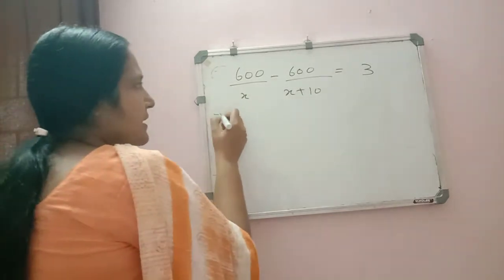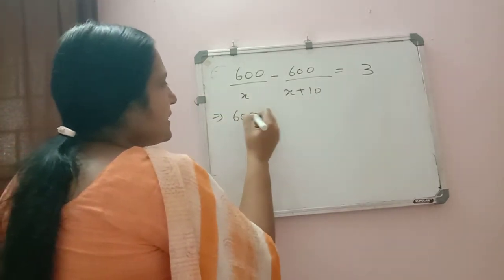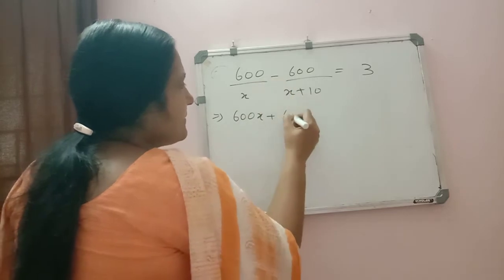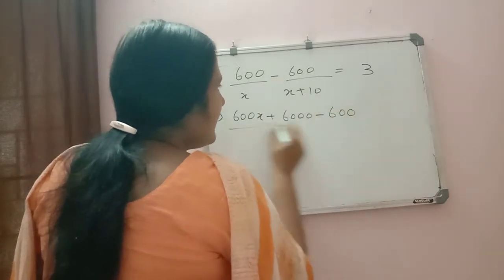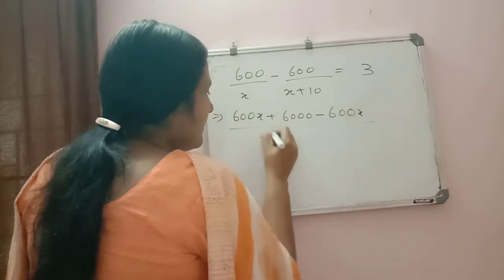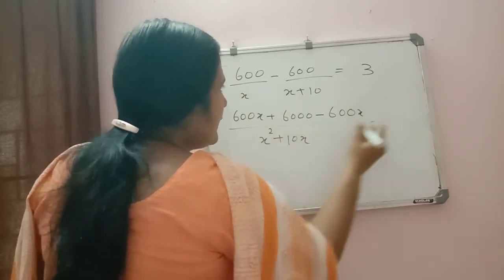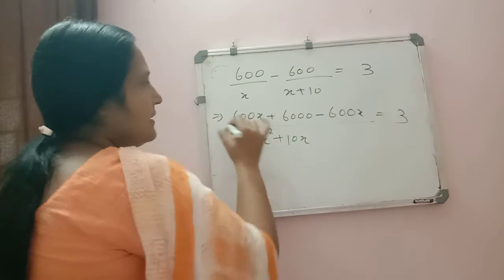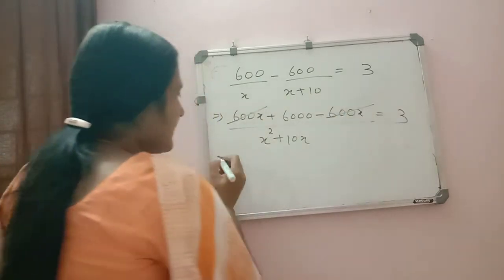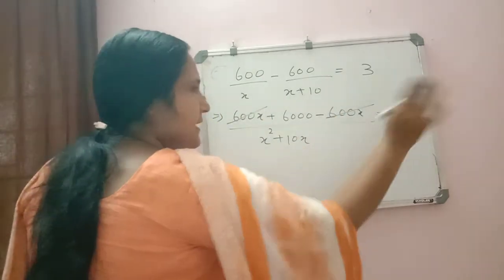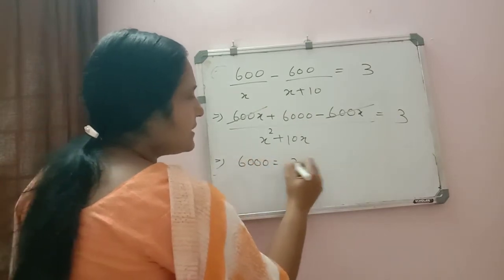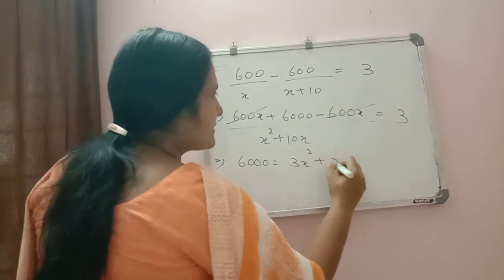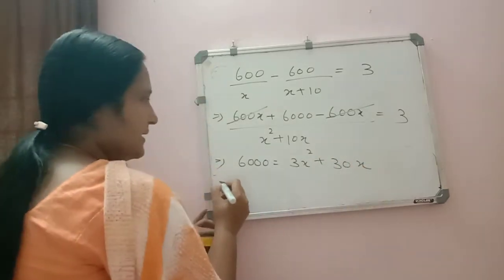Again simplification. So it will be equal to 600x plus 6000 minus 600x by x square plus 10x is equal to 3. 600x will get cancelled there. x square plus 10x we can shift to right hand side. So it will be equal to 6000 is equal to 3x square plus 30x.